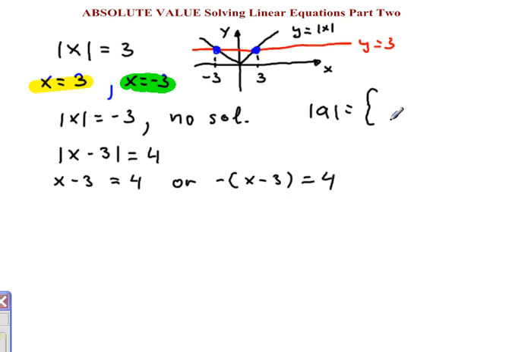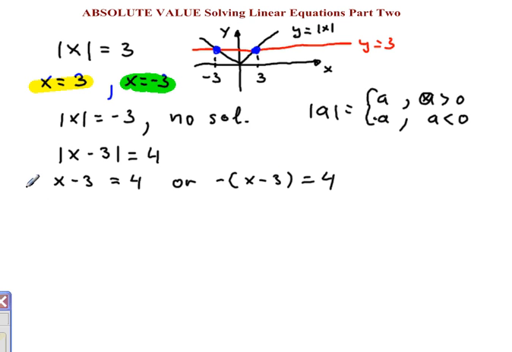When the expression inside, a, is positive, the absolute value of a is equal to a. When the expression inside is negative, then the absolute value of a will be equal to negative a. So this is why you have this or that. And of course, the third case, 0, when a is equal to 0.